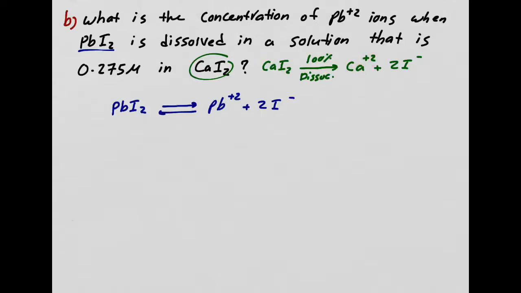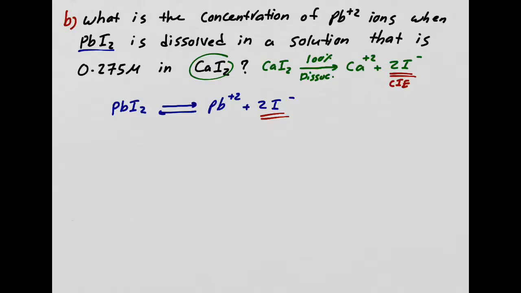But how about I minus? I minus is my common ion, right? So it's going to have a common ion effect. So I have a common ion effect problem here.